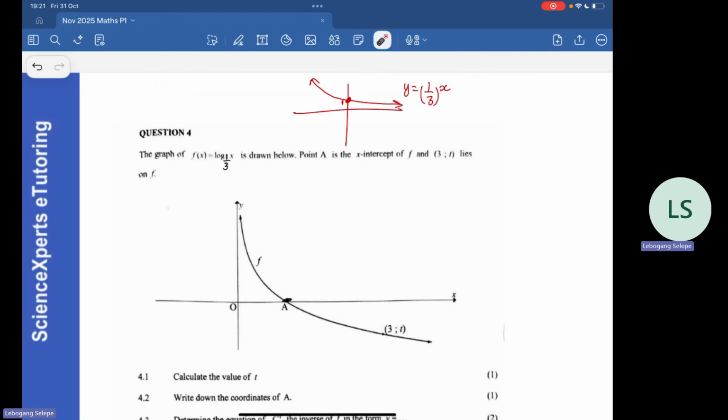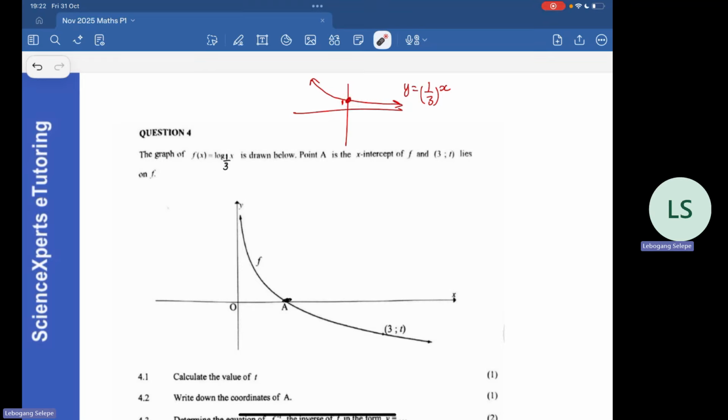You might ask yourself, where do I get this from? Where we are given the logarithmic function, just take the base, 1 over 3, to the power x. Equating 1 over 3 to the power x to y gives you the equation of the inverse, y equals 1 over 3 to the power x. As you can see, the inverse function has a y-intercept at 1.